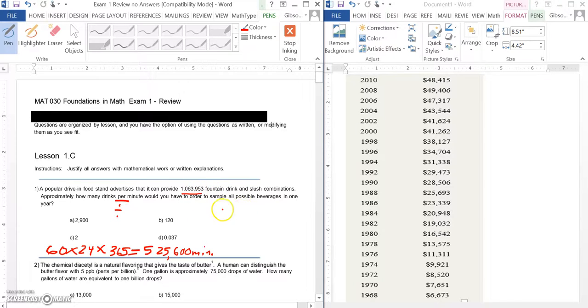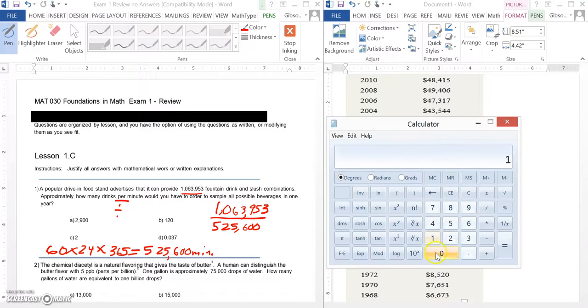So what we would do is we would take this 1,063,953 and divide it by how many minutes we have in a year, which is 525,600 minutes. Now, let's pull up a quick calculator here.